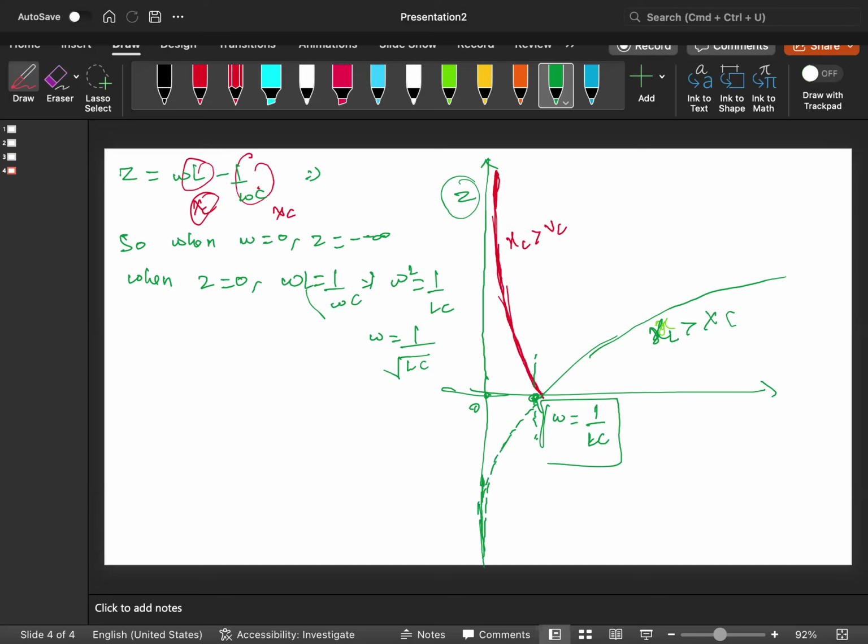Something like this kind of diagram you are going to get. That is fine. Any doubt till now?